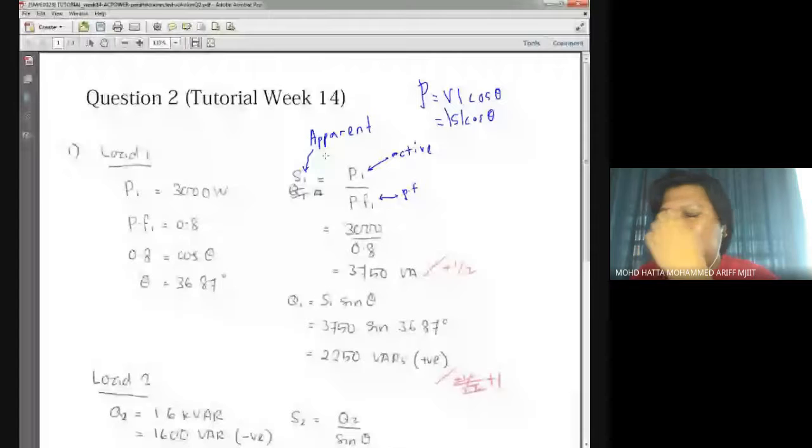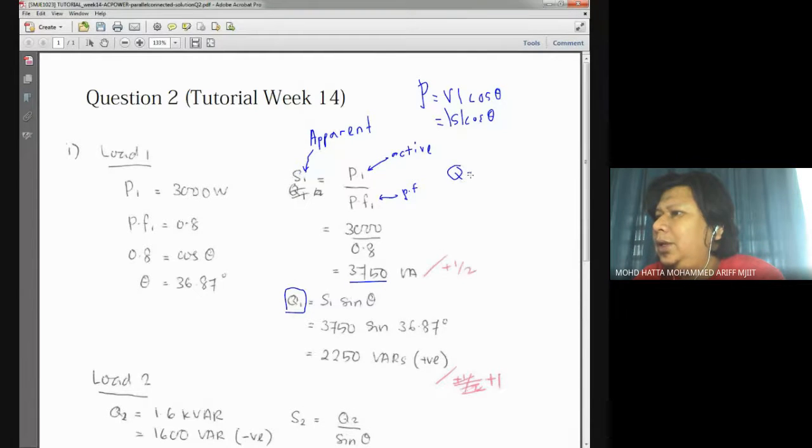So now we have an apparent power of 3750 VA, and using this apparent power, we can easily calculate our reactive power at load 1, where Q at load 1 is S sine theta. You know that Q comes from the equation VI sine theta.